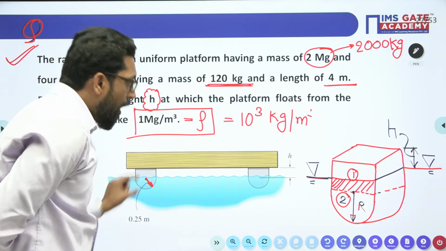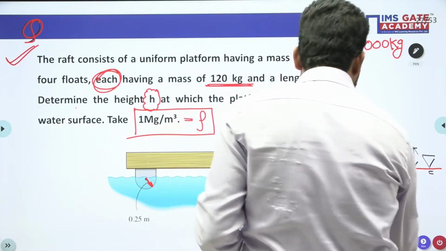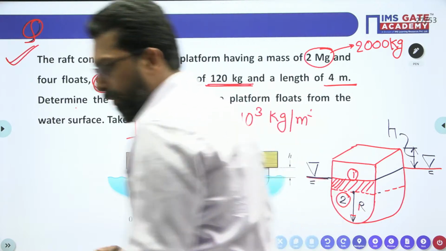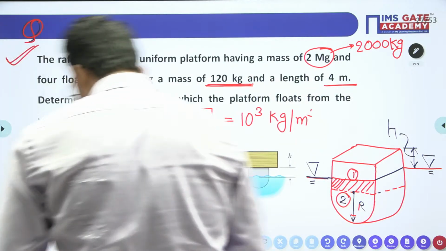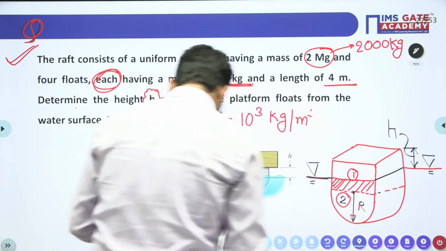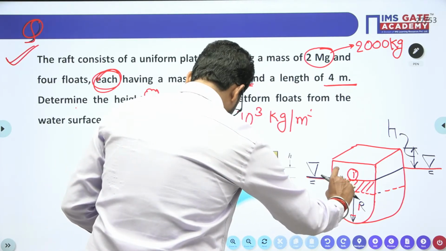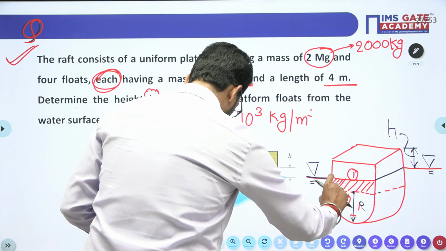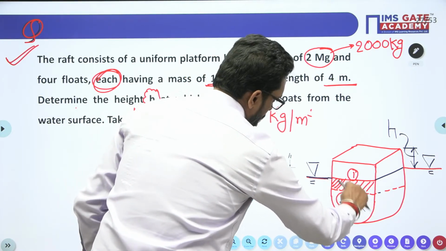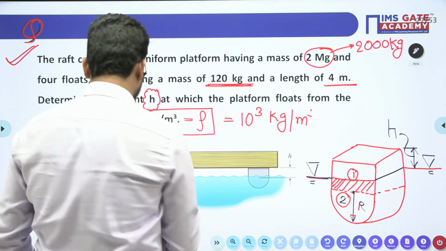This is 0.5. That means the total height of the floats is this, and this is also 0.5, and this is 0.25, no problem.